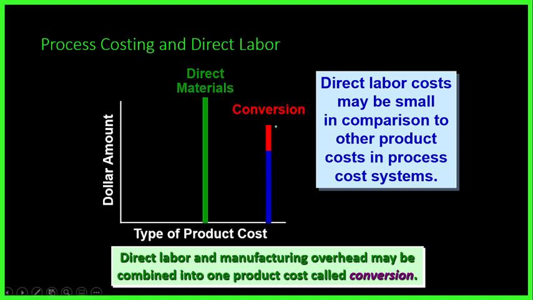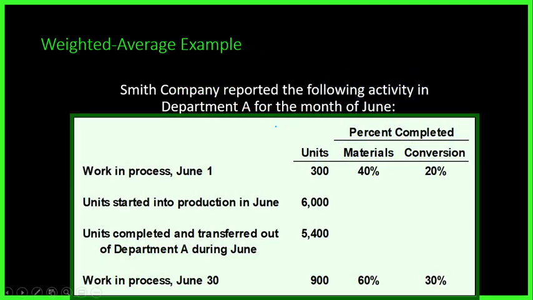Why do we do that? Especially for uneven production. When we say uneven, the percentage of completion for each component is not the same. When we say even, the percentage of completion for each component is the same.